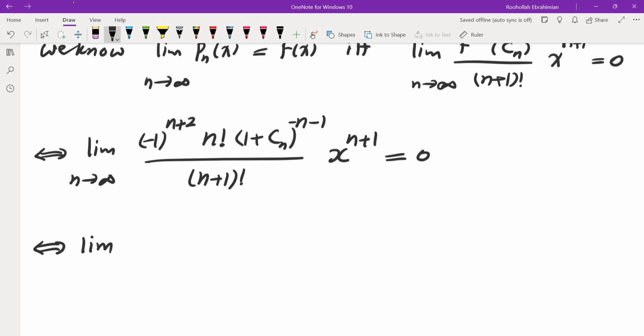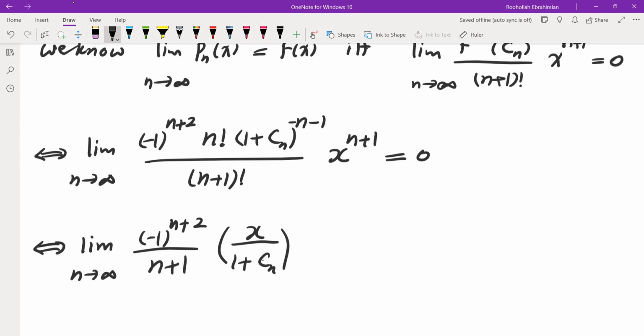If and only if the limit as n approaches infinity of negative 1 to the power of n plus 2 over n plus 1, since n factorial and n plus 1 factorial cancel to n plus 1 at the bottom, and then we get x over 1 plus cn to the power of n plus 1 equals 0.